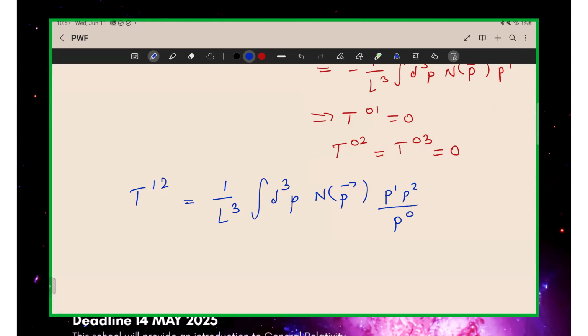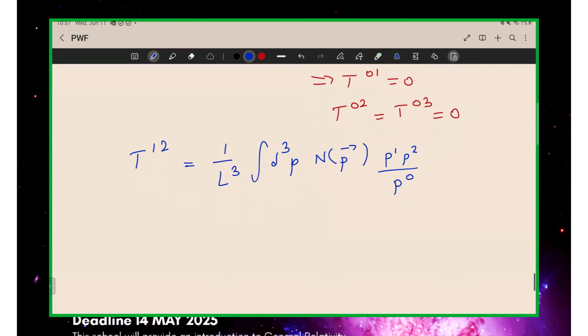Because if I just change the sign of P^1 only, or P^2 only, this integral goes to the negative of itself. So if P^1 goes to minus P^1, this integral again gets a minus sign, and you get the negative of itself, which means that this integral vanishes.